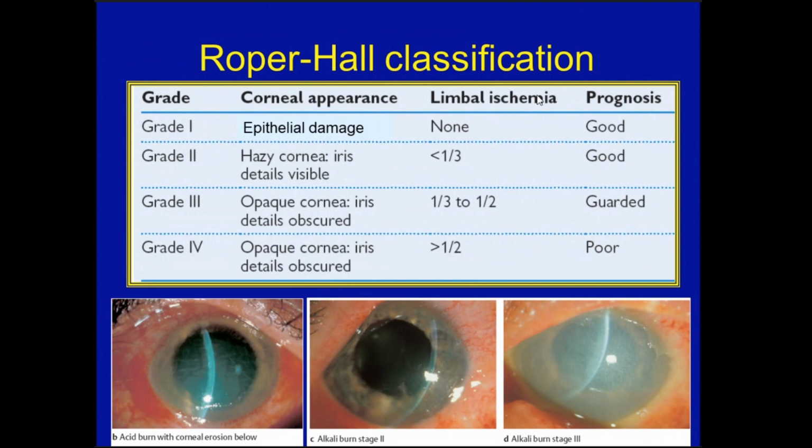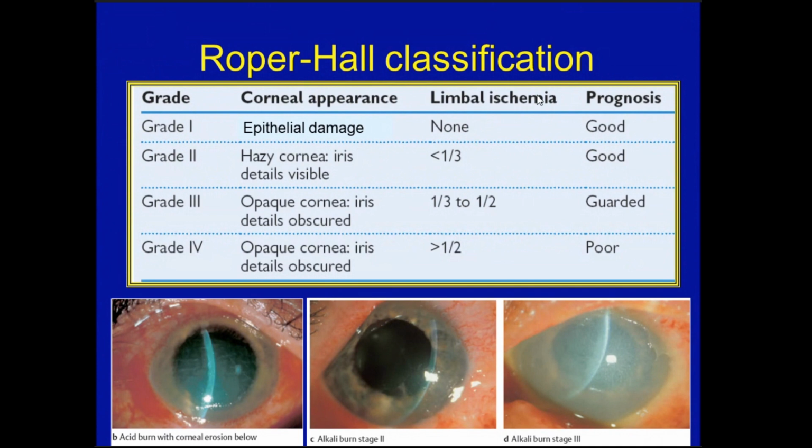Grade second, hazy cornea, iris detail visible, and limbal ischemia less than 1/3, and the prognosis is also good. Grade third, cornea is opaque, iris we can see, and limbal ischemia near half, and visual prognosis usually not so good.